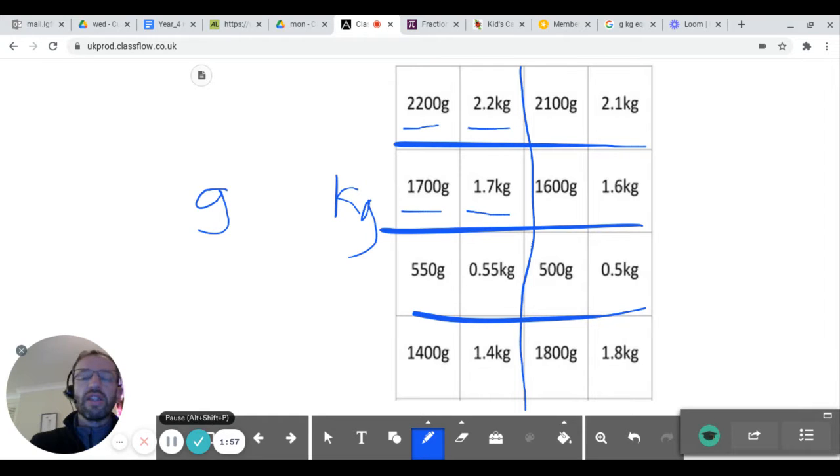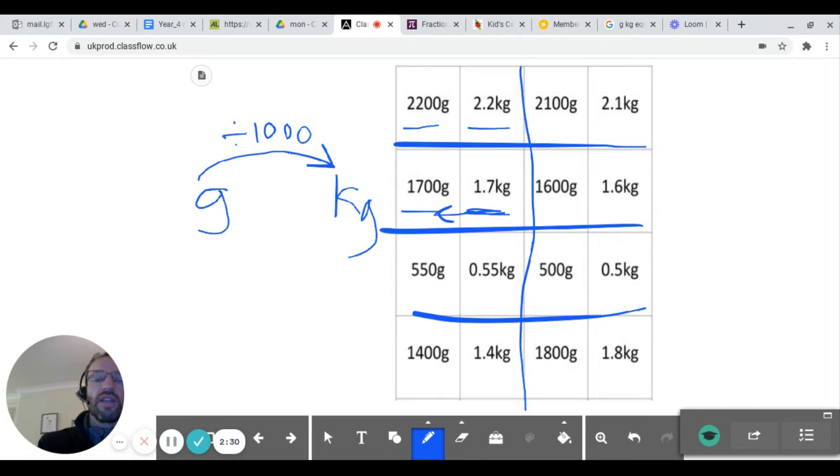The rule in maths is that if we're going in this direction, see my arrow pointing from grams towards the kilograms, I would have to divide the number by 1,000. So it's division by 1,000. If I had some kilograms, in this case 1.7, there's a maths rule that you have to do to change it into grams going this way.